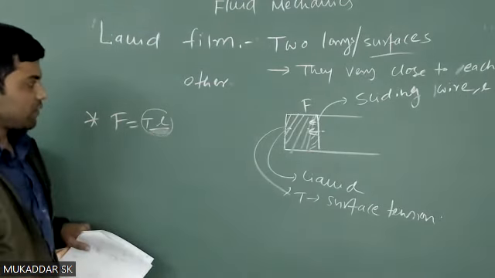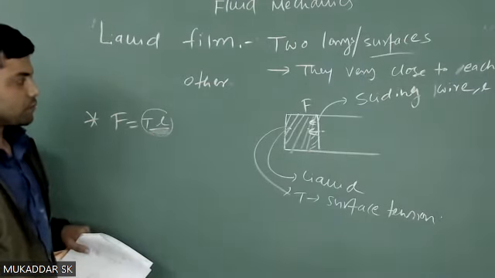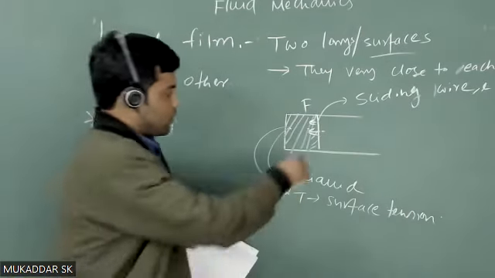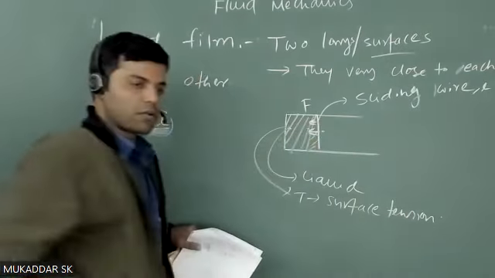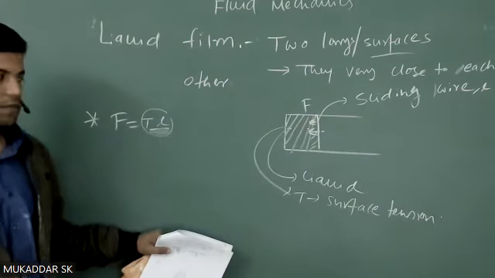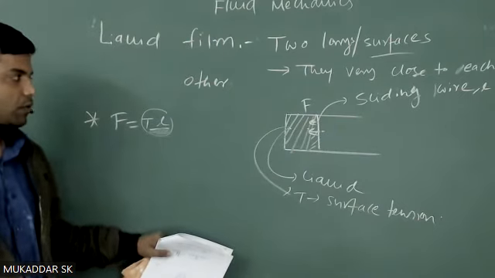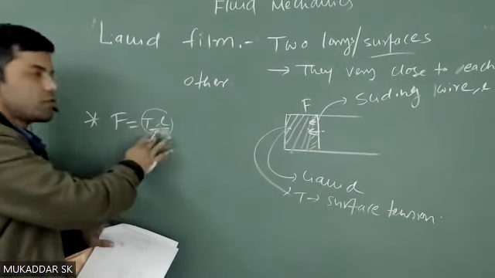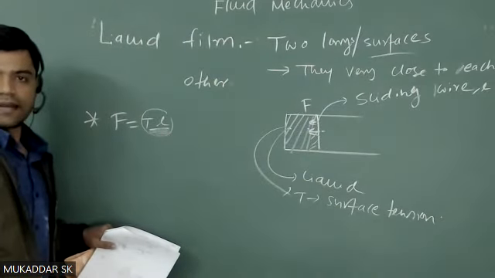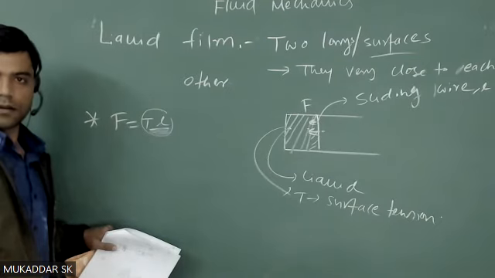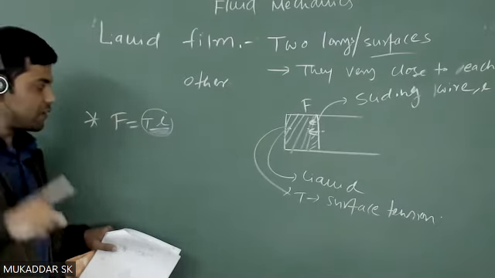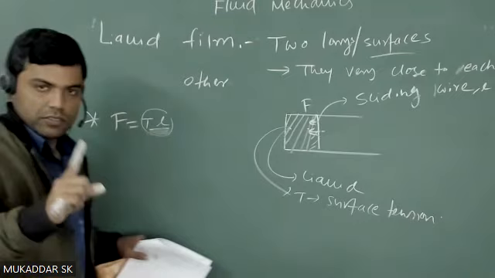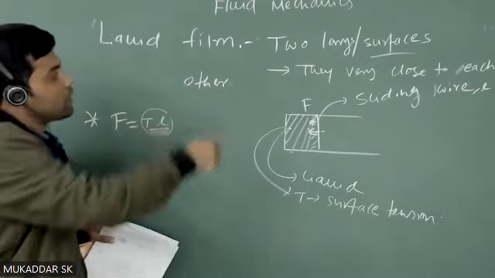So each surface is producing TL amount of force, or the sliding wire is experiencing TL amount of force due to a single surface, but you have a thin film.